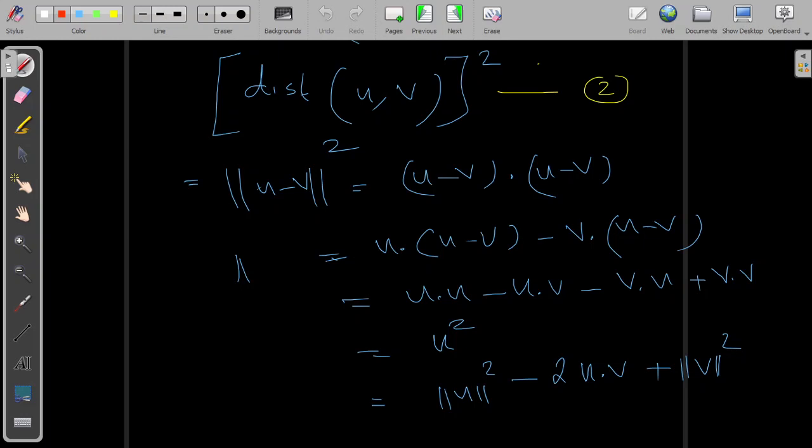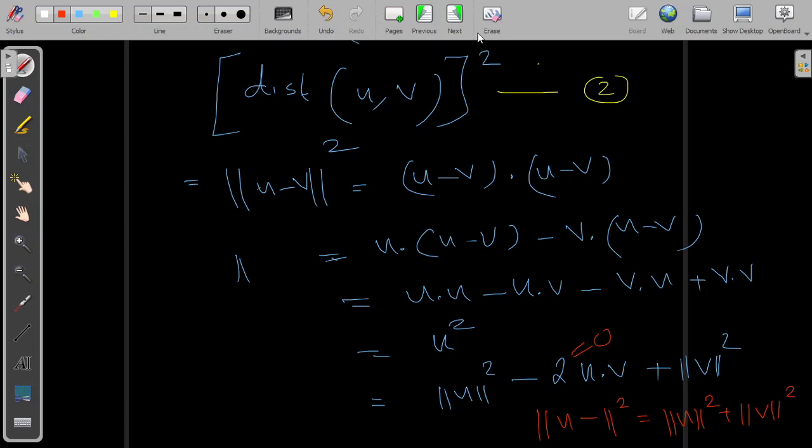the inner product of the two vectors u dot v equals 0, and that means this is equal to 0. Also, we have norm u minus v square equal to norm u square plus norm v square.